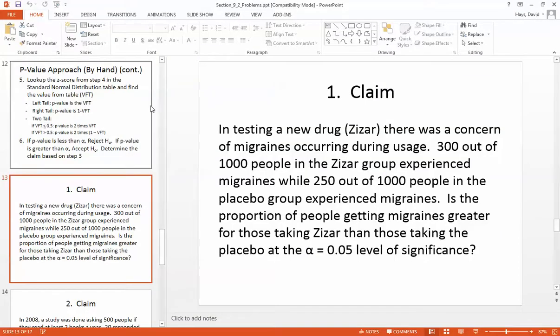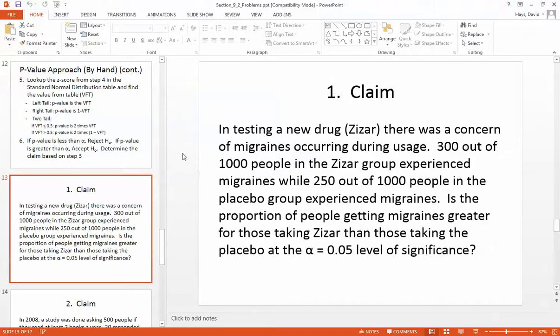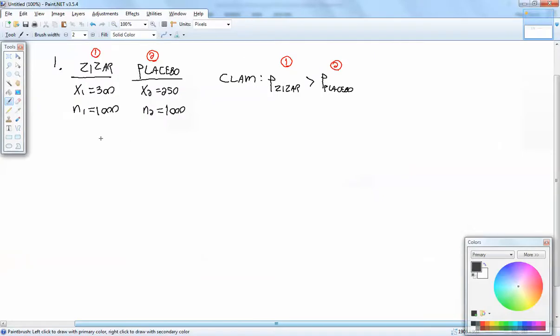It says 250 out of 1,000 people in the placebo group. So X2 would be 250, and N2 would be 1,000. Okay, and then it says alpha is 5%. So that's all the information they give us.